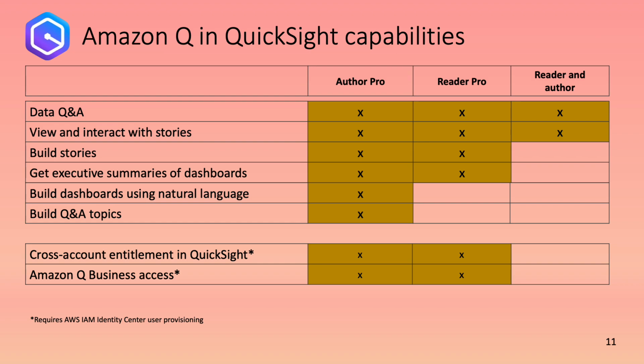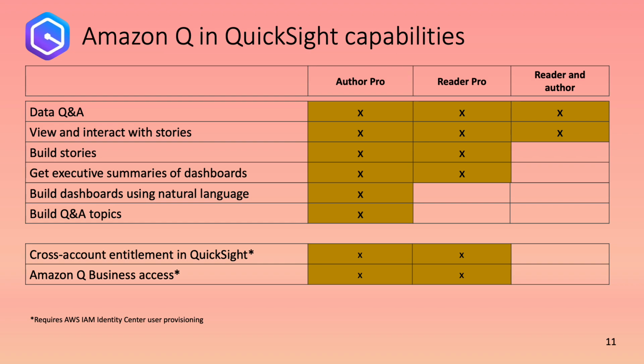Author Pros are advanced users who create and manage dashboards and analyses. Reader Pros are users who have advanced viewing and interaction capabilities, but they are not able to create or edit dashboards.